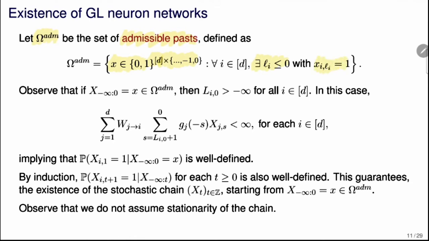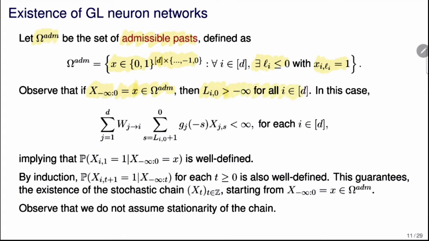Okay? Now observe that if the path of the network up to the time 0 is equal to little x, and the little x is an admissible path, then we can show that L_i(0) corresponding to this path will be strictly larger than minus infinity for all i in the set 1..D.